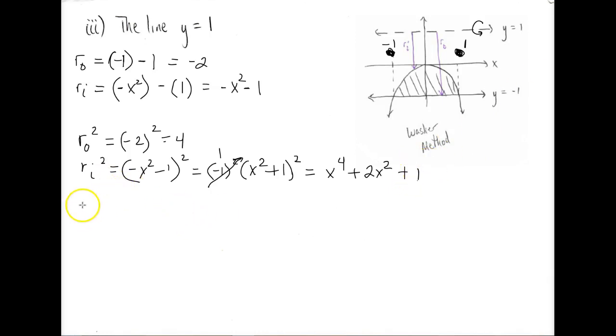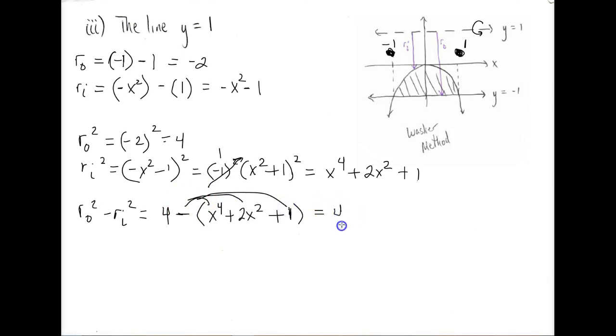All right, so now that we have that, we know the difference in between these is just going to be 4 minus x to the 4th plus 2x squared plus 1, which when we distribute to all three terms here, 4 minus x to the 4th minus 2x squared minus 1, just ends up being 3 minus x to the 4th minus 2x squared.